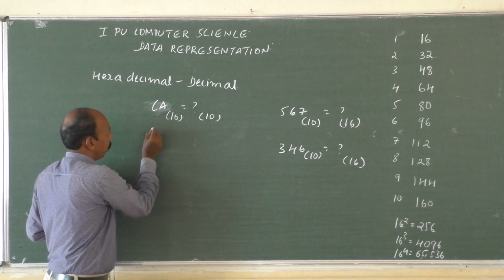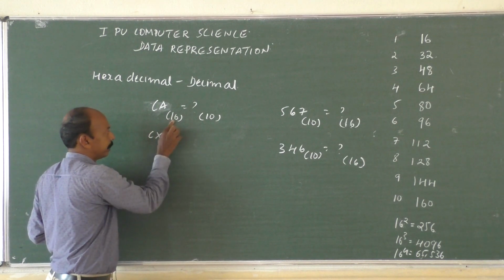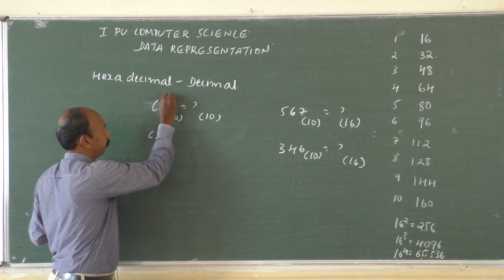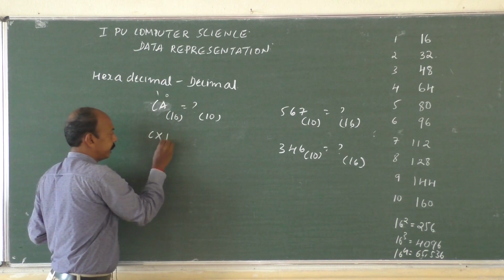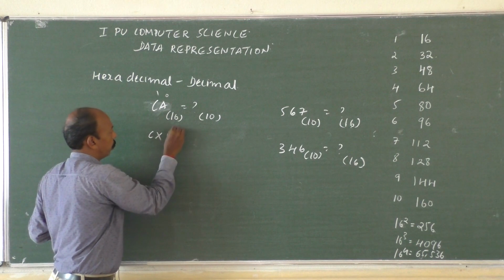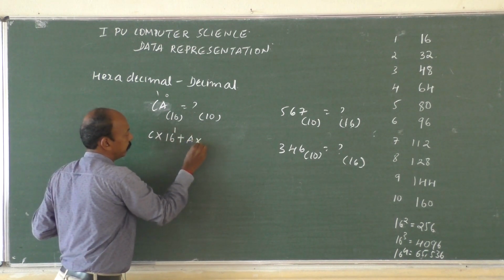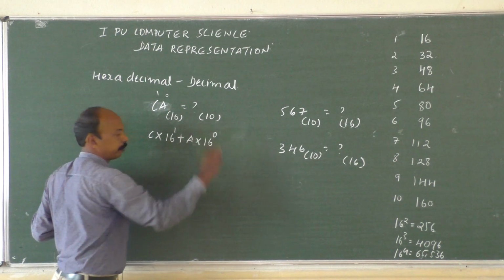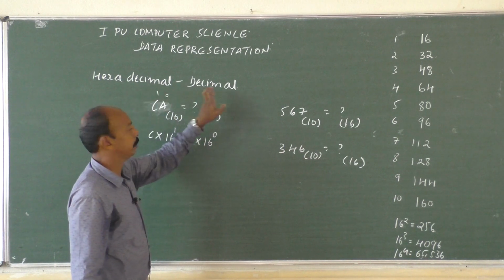In this case, what we should do, with respect to 16 we have to multiply, no? This is position 0, this is positional value 1. So C into 16 to the power 1 plus A into 16 to the power 0.